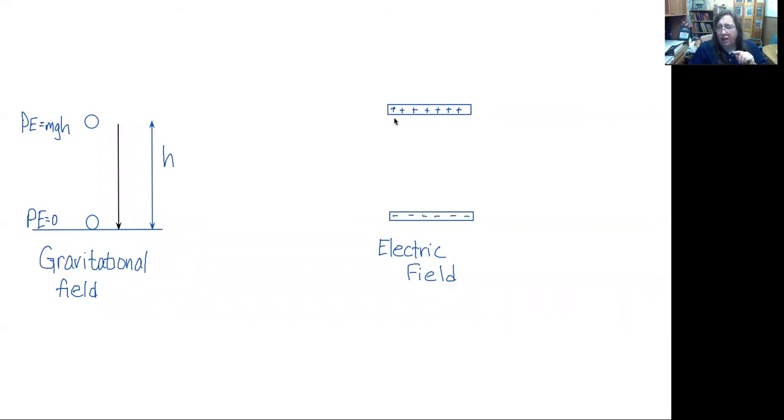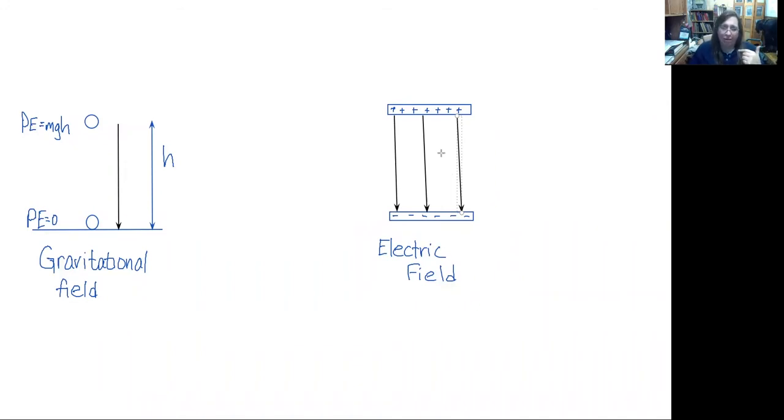So in this case, a positive test charge is going to get pushed from the top plate to the bottom plate. So instantly we see we have some correlation here. The direction of the field is exactly the same way.